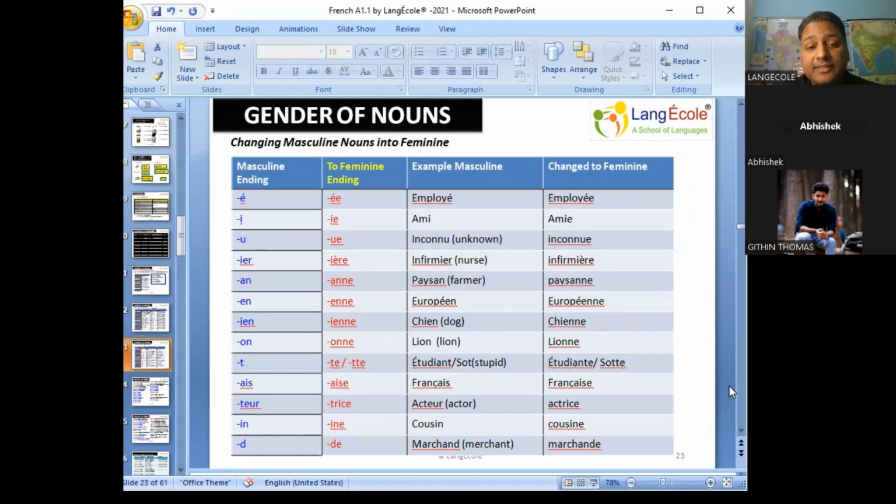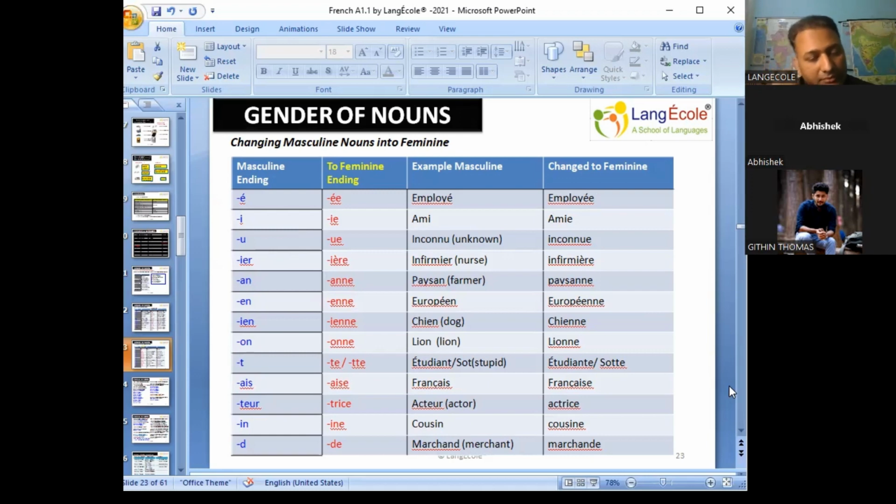Sometimes le, sometimes double n, so one extra ne, or sometimes one extra e only, or sometimes extra te. With that you will be able to make the masculine noun into feminine noun. Some of them, not all of them, can be changed.